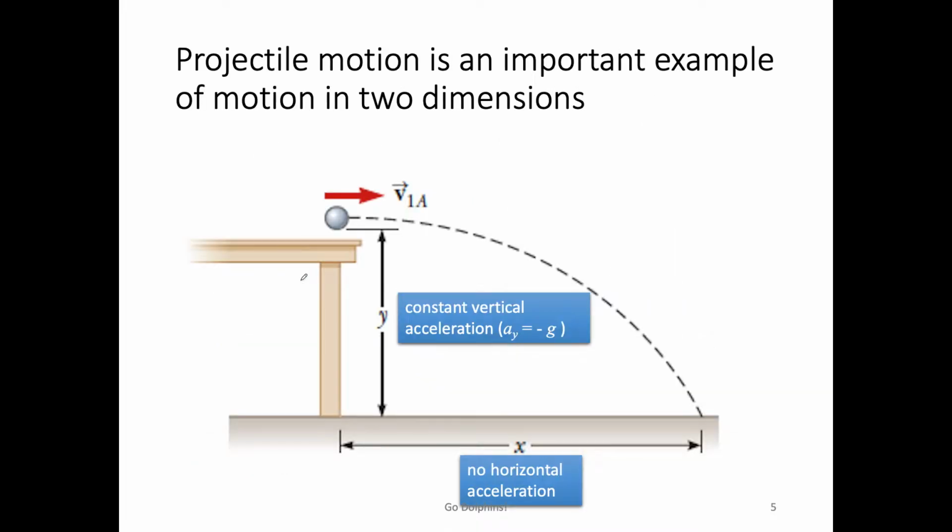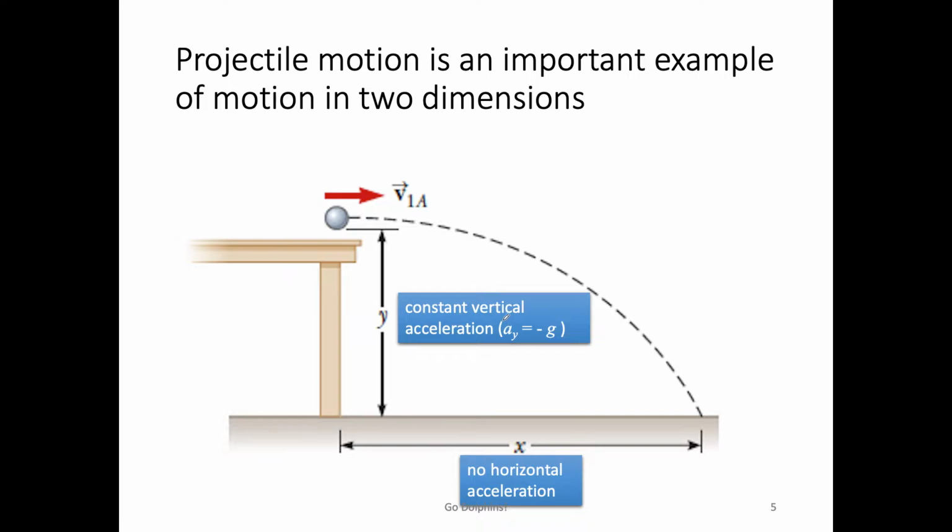So now we're ready to discuss what is projectile motion. Projectile motion is an object moving in the air, and the only force acting on it is the gravitational force. So the ball, the object, we call it the projectile, has an acceleration.